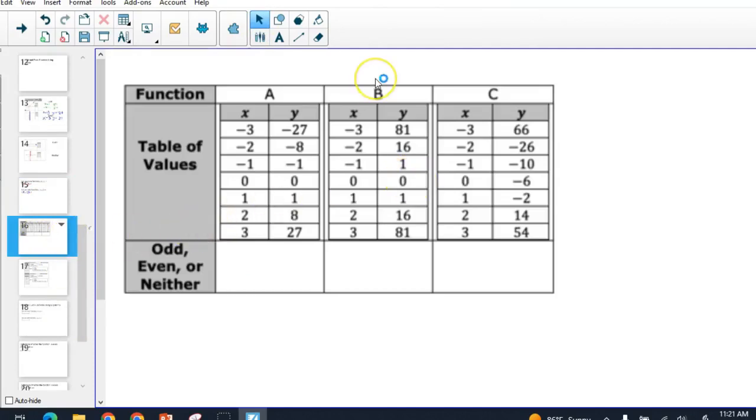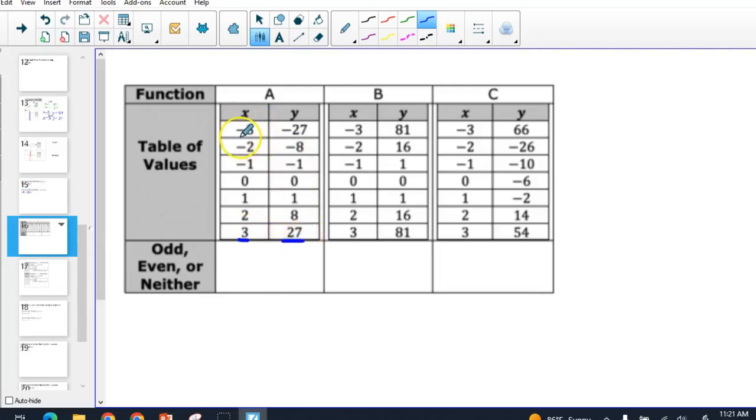So, first look at one of our x values. Ooh, this mouse is slow. Okay, so we have an x value of -3, our y value is negative 27. Okay, so let's look at our negative x value, which would just switch the sign. So if we have a negative 3, the negative x value would just be positive. Negative and negative makes a positive. And we get positive 27.